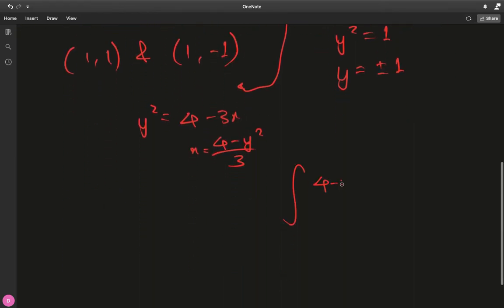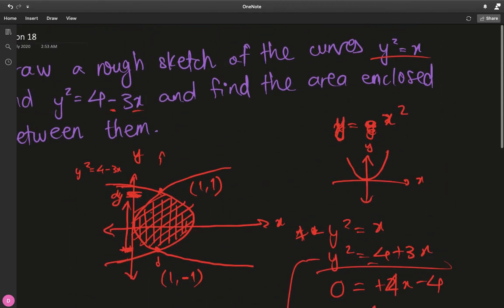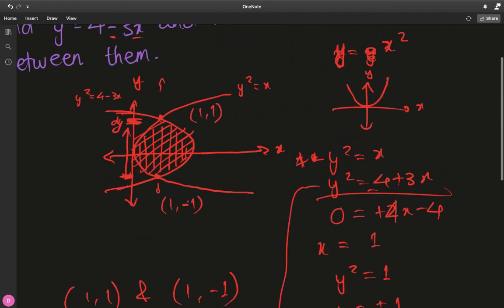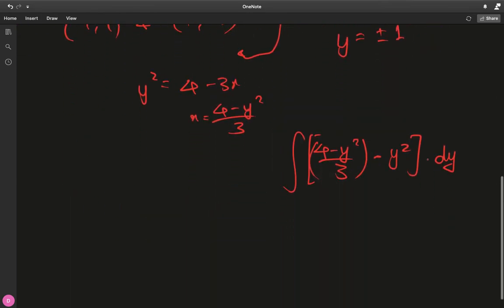We got 4 minus y squared over 3. That curve is subtracted from the inner curve, y squared equals x, so x equals y squared. We integrate dy from negative 1 to positive 1, because with integration dy, the upper and lower bounds should be y values.